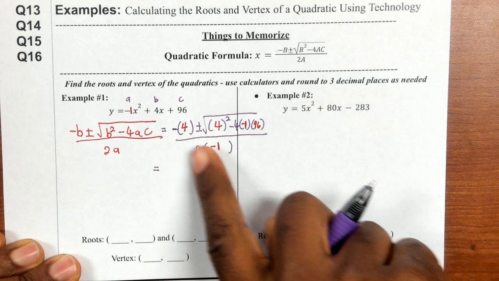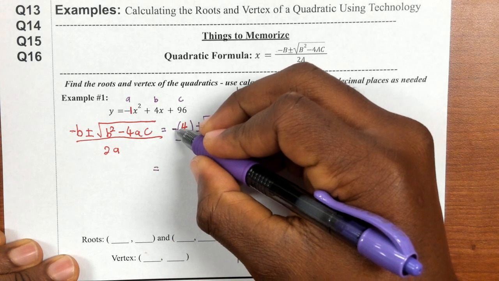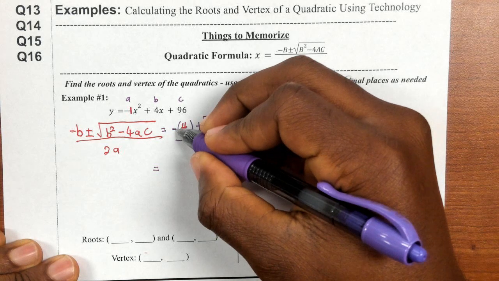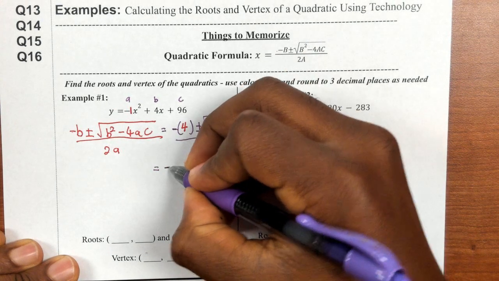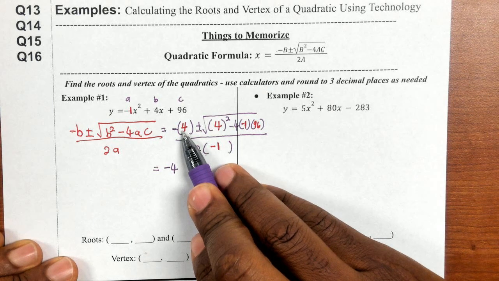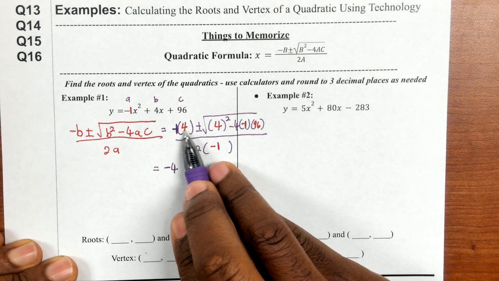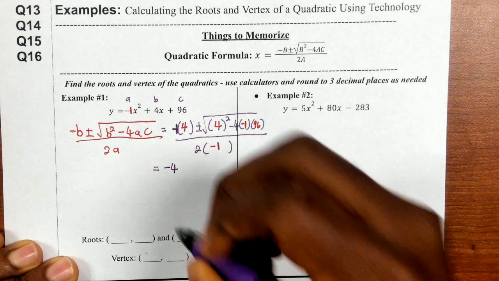You can put this in your calculator, but I'm going to take the longer route. In front of here is a negative 1. Negative 1 times positive 4 is negative 4. Again, in front of here is a negative 1, and negative 1 times positive 4 is negative 4.